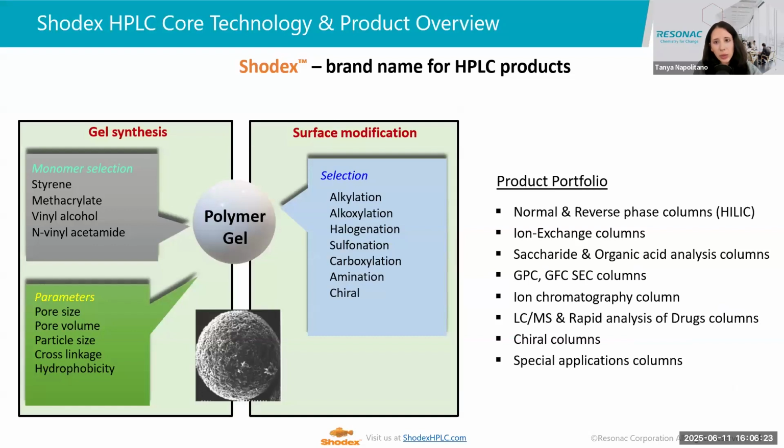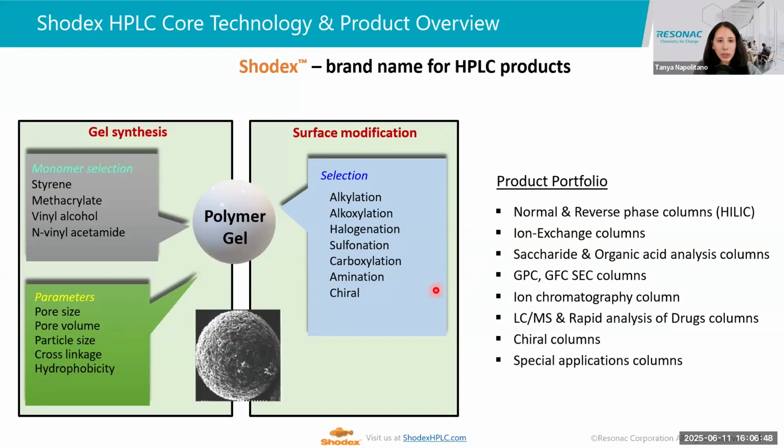So here's a quick look at what makes Shodex columns unique. Unlike traditional silica-based columns, Shodex uses polymer-based stationary phases. Our polymer gels are custom made, starting with monomers like styrene or vinyl alcohol, and then we fine-tune things like pore size, particle size, and cross-linking to fit specific applications.